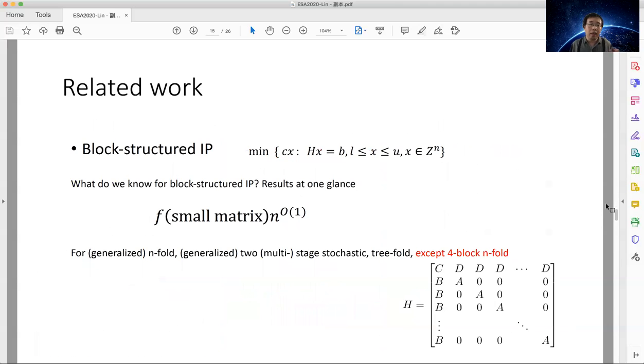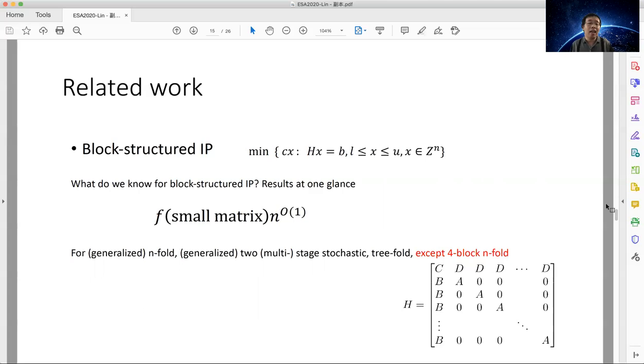I would also like to point out that in addition to n-fold and two-stage stochastic, which I mentioned before, there are even more general block structured integer programs that further include, let's say, tree-fold and multi-stage stochastic, and others.